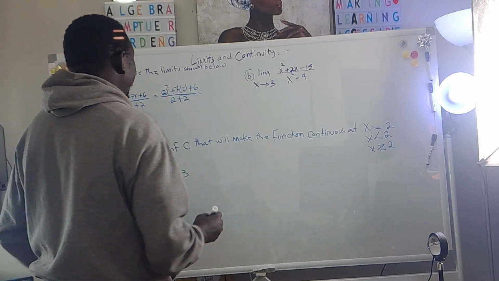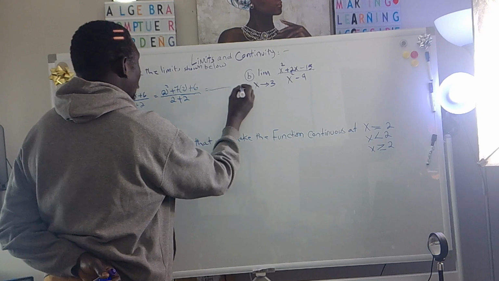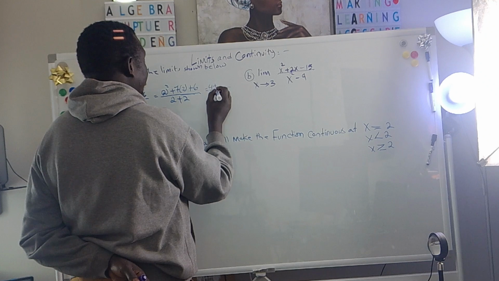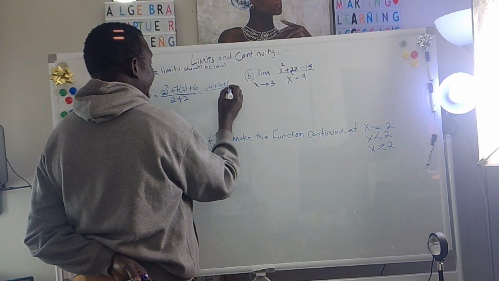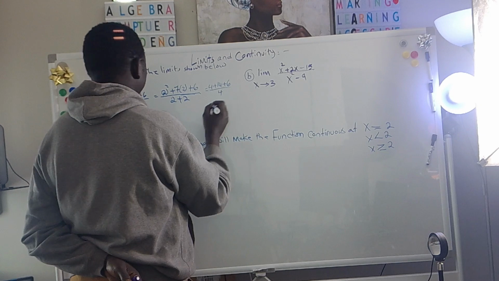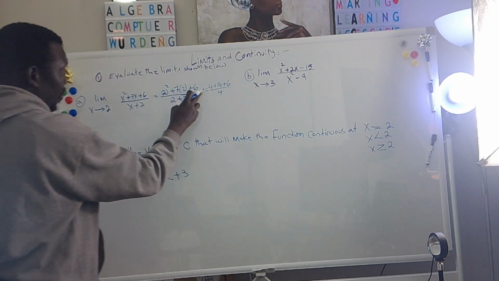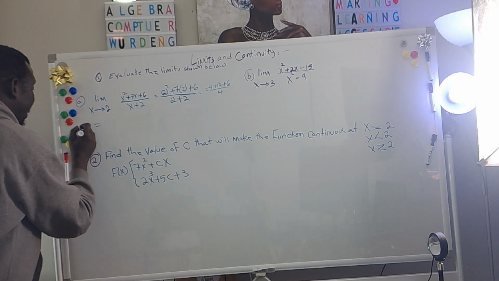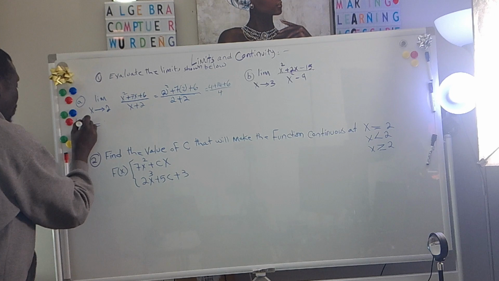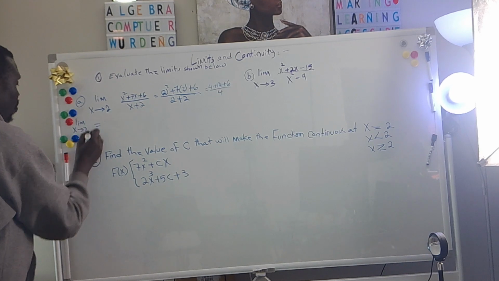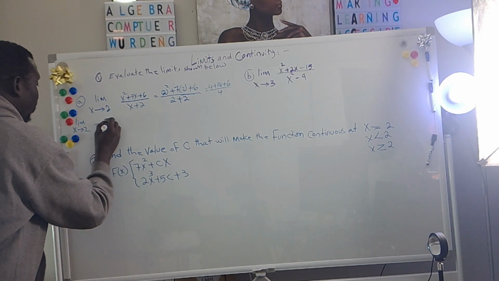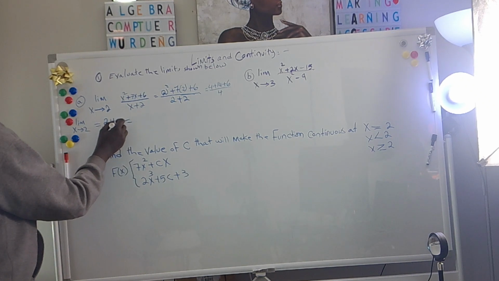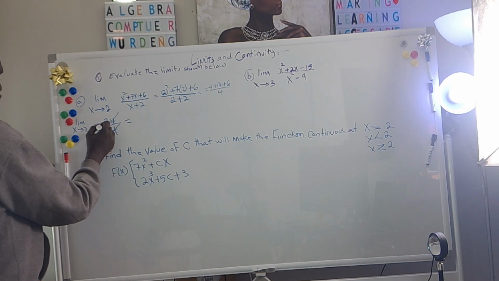When you see here, this will be equal to 4 plus 14 plus 6, divided by 4. Now it will be equal to 24 over 4, when the limit as x approaches 2. Now 24 divided by 4 is 6.